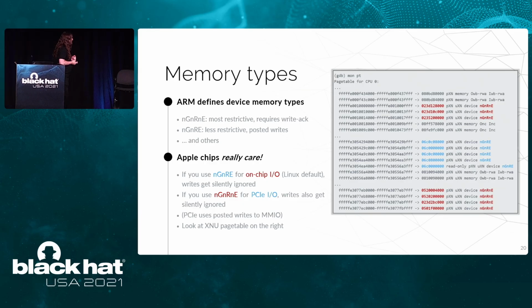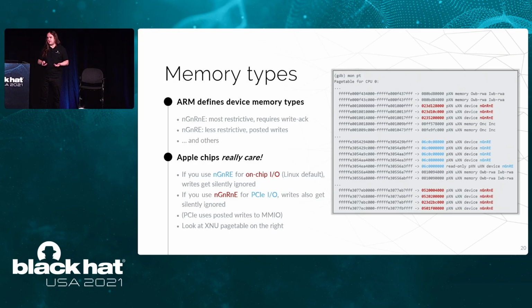And we were wondering, why the hell are all of our register writes just going nowhere and having no effect when we were bringing up Linux on M1? Well, as it turns out, for them to actually work, you have to issue them with the more restrictive memory access type. And then, about 2 weeks later, when we were working on PCI Express, we had the same exact problem, which felt very odd.